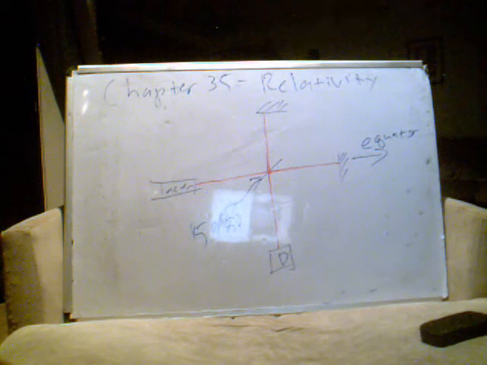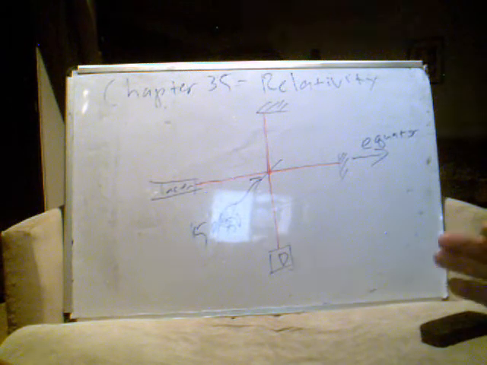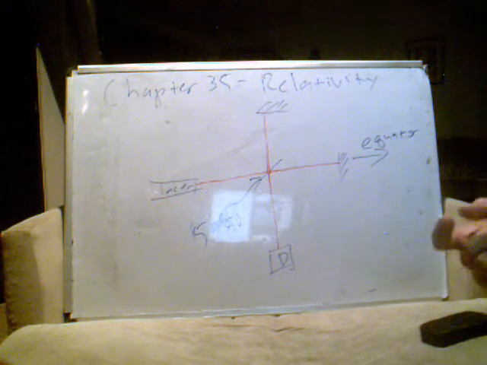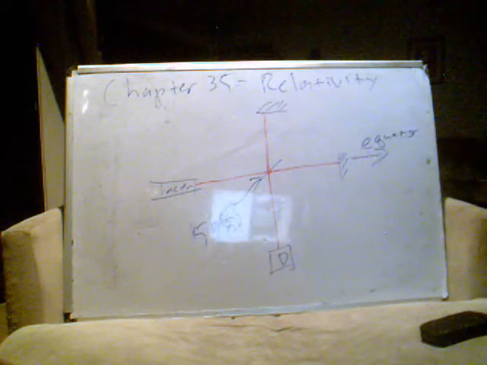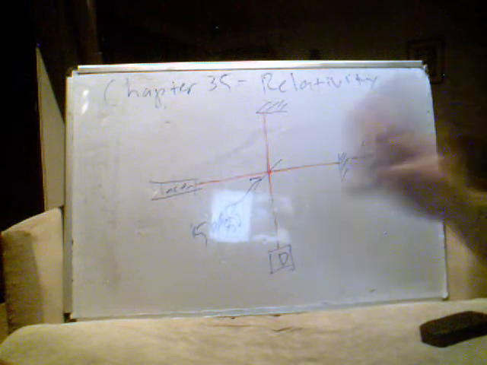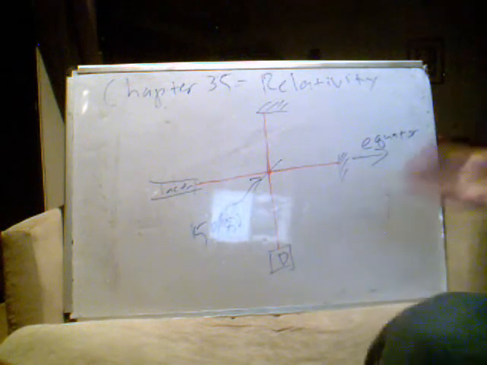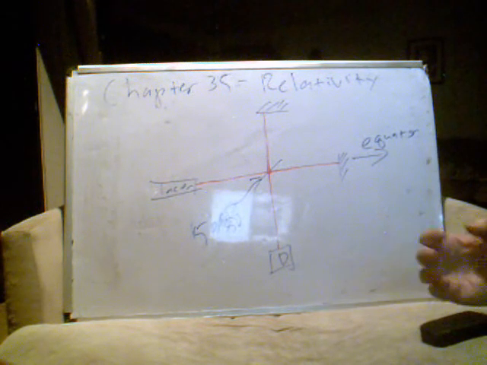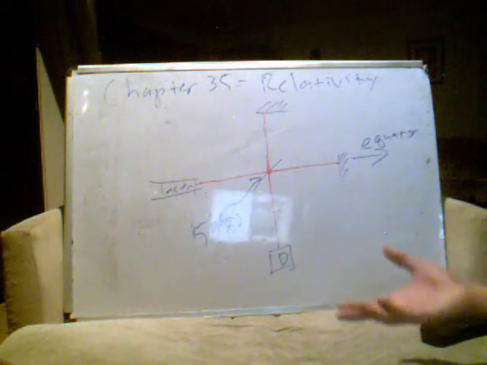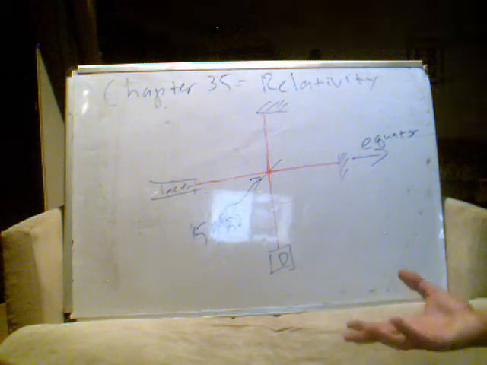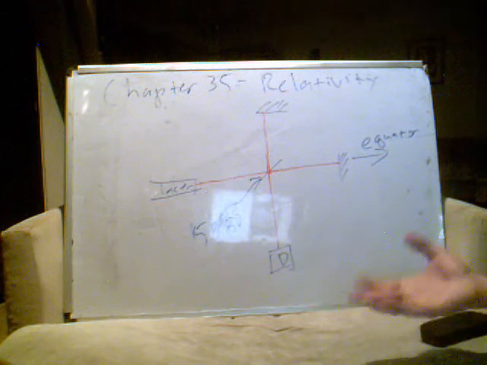And what that means is light is always moving at the same speed, regardless of if you're measuring the light by going toward it or away from it, or if the light source is moving at 50 miles an hour or whatever. If you're in a frame of reference that's moving at 1 mile an hour, at 10 miles an hour, at 100 or 1,000 or 100,000 miles an hour, it doesn't matter.